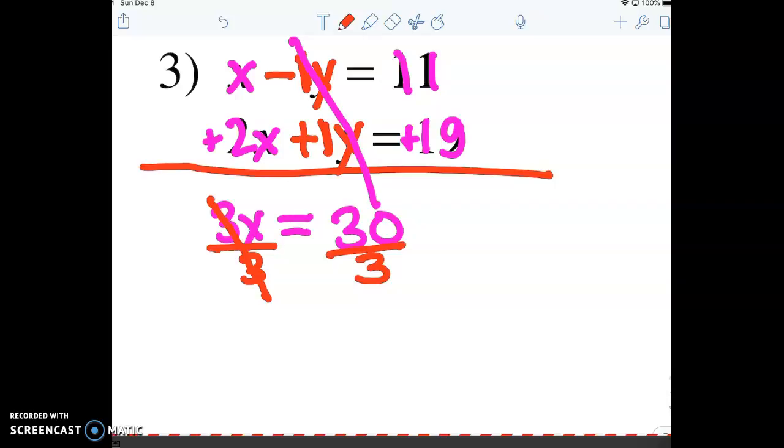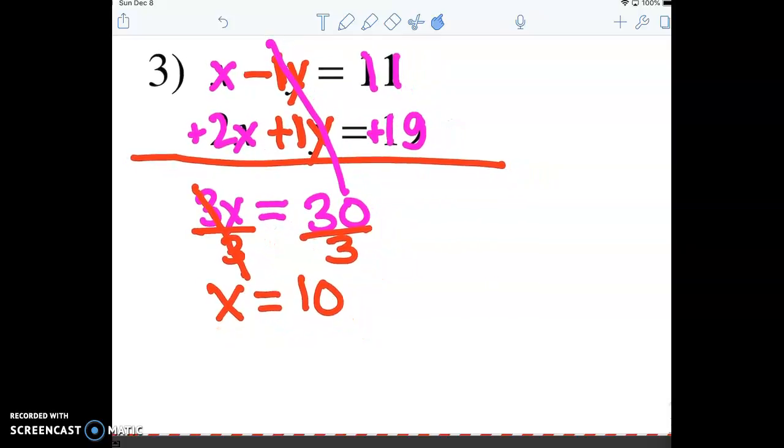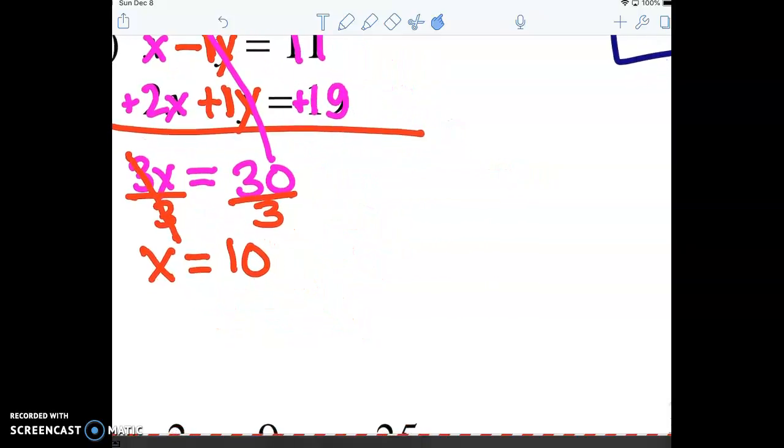Y cancelo. La x está sola y igual 30 divide 3, 10. Okay, so I do the 30 divided by 3 and I get 10. So x equals 10. This is not my answer. Este no está mi respuesta.